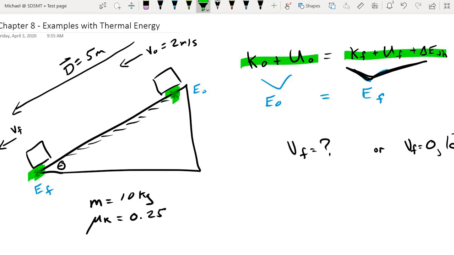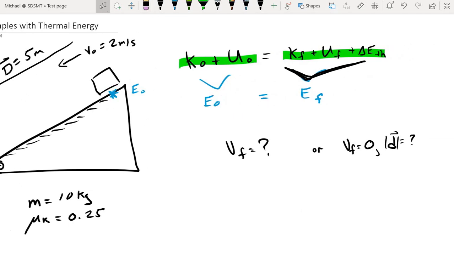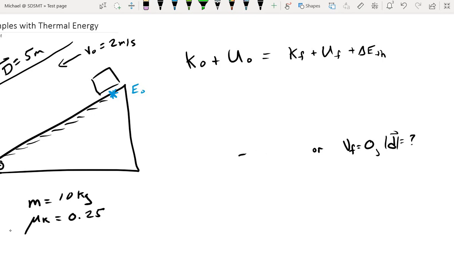And if we're not sure, then we'll just go ahead and start filling in what information we do know into the equation that we're going to be using. This is the equation, our conservation of energy equation. We'll clear all this other stuff out for now.